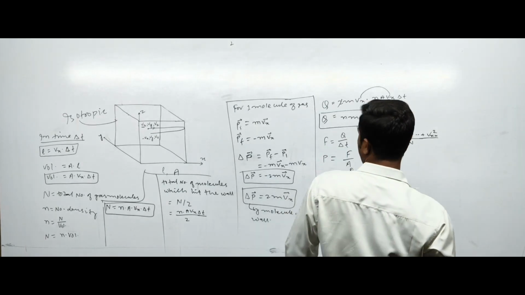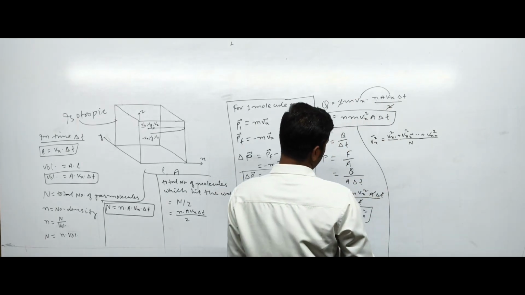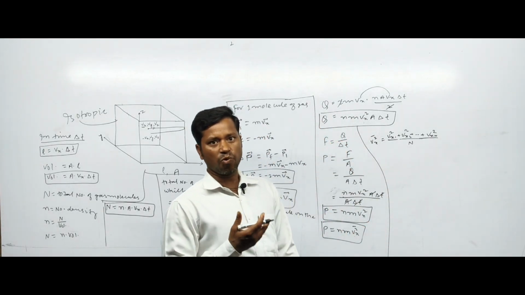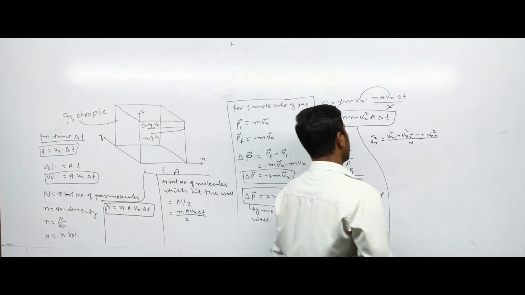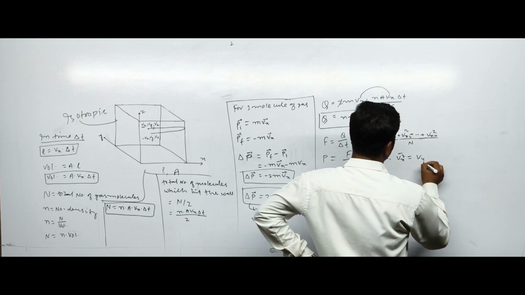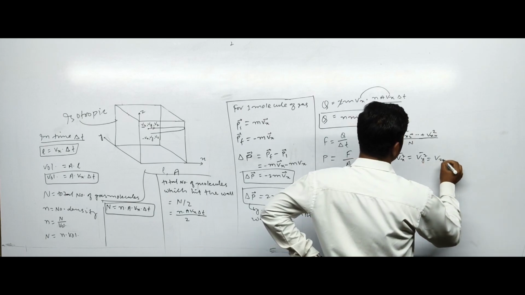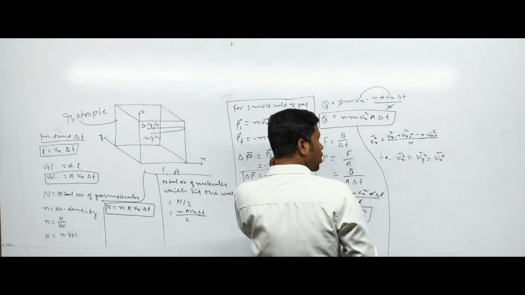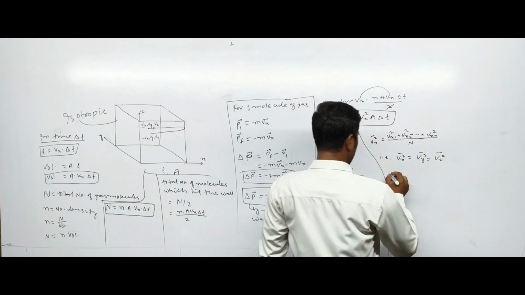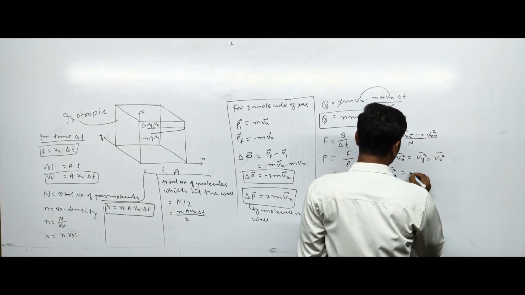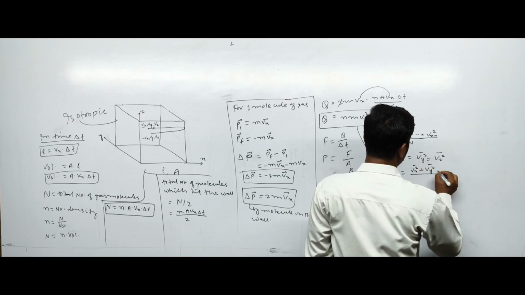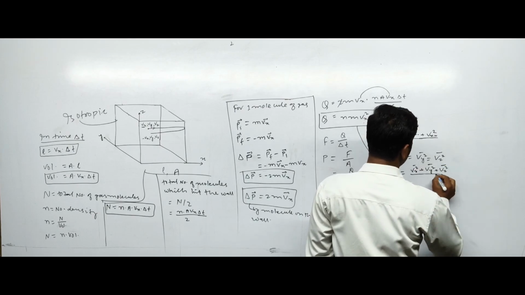So, as it is the same in every direction, we can write Vx square bar equal to Vy square bar equal to Vz square bar. So we will again calculate this value: Vx square bar equals Vx square bar plus Vy square bar plus Vz square bar, by 3.